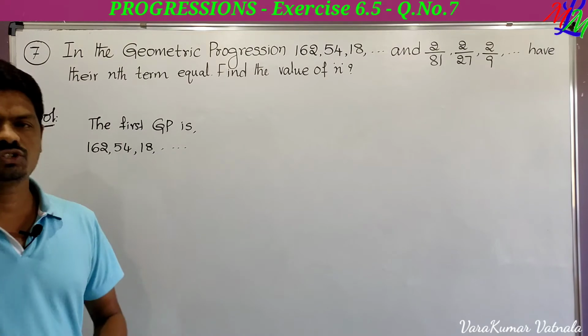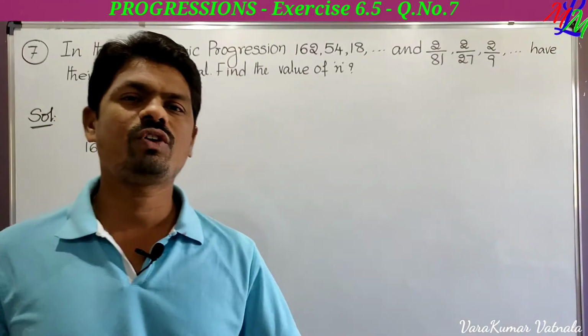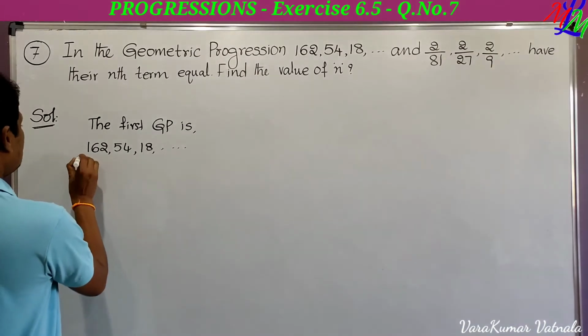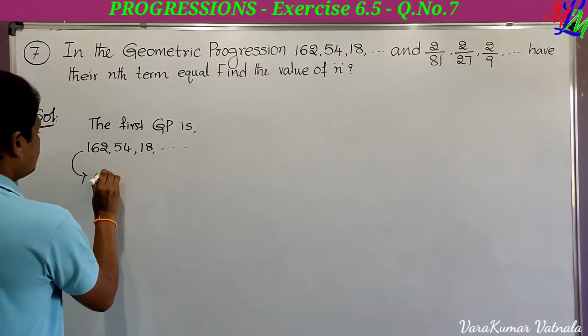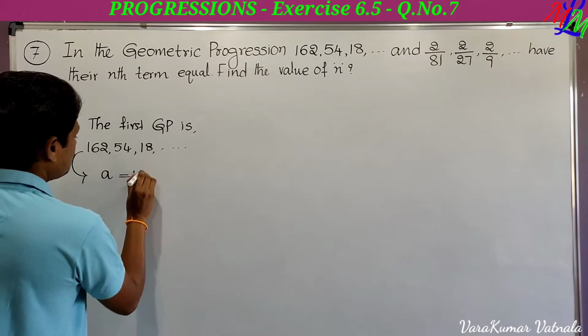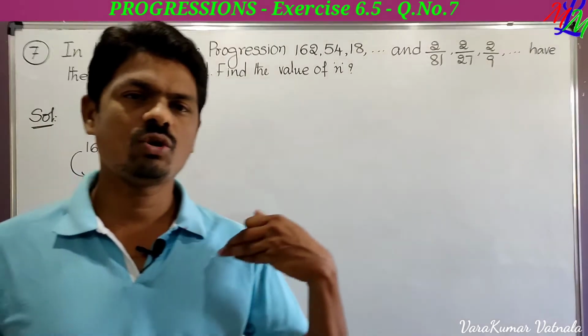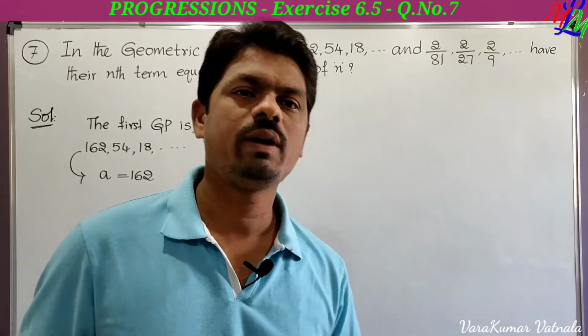Now we have to find the nth term. Before that, we have to find the a value and r value. Here a is the first term, a is equal to 162. r is the common ratio, r is equal to a2 by a1.